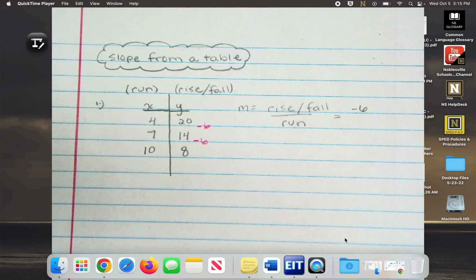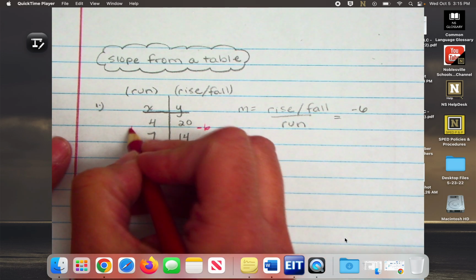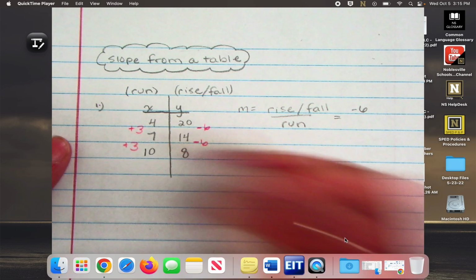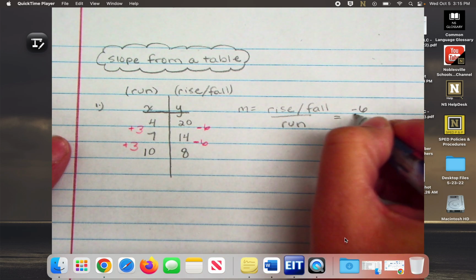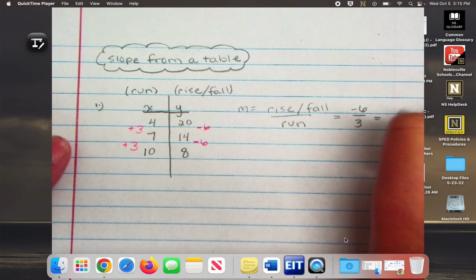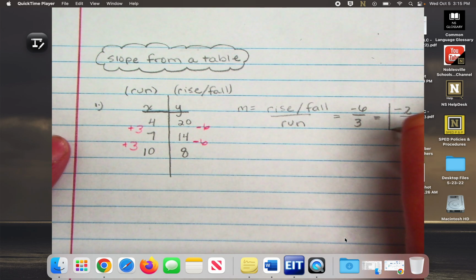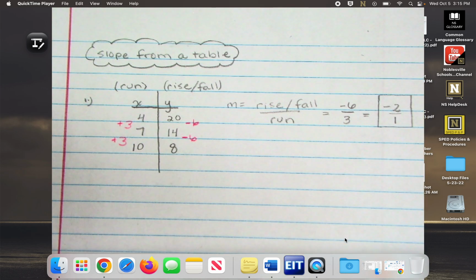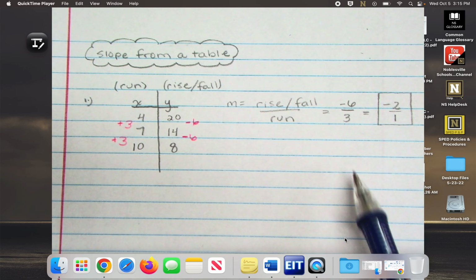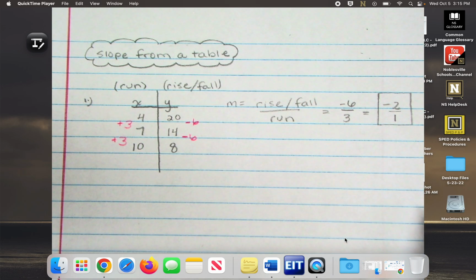What's happening with the run values? +3. So that's going to be -6 over 3. Sorry, so that's actually -2 over 1. The only reason I would suggest that you leave it as over 1 is because when you then have to use that to graph, I don't want you to forget that you're going to fall 2, run 1.